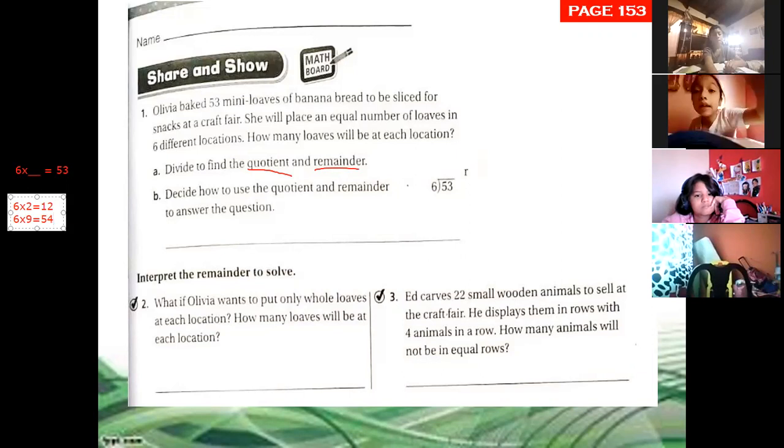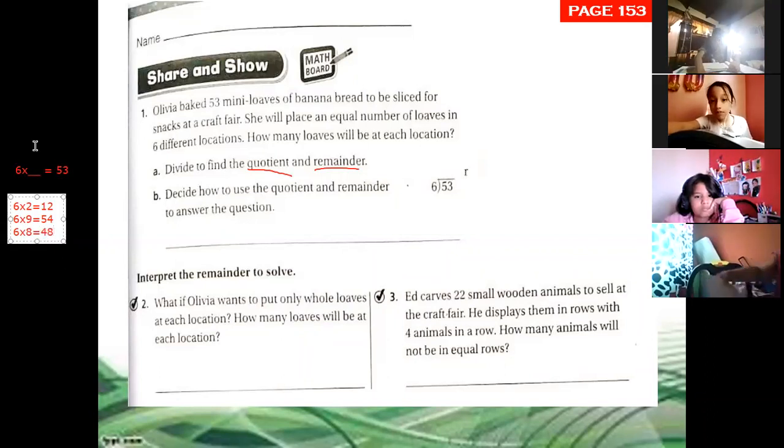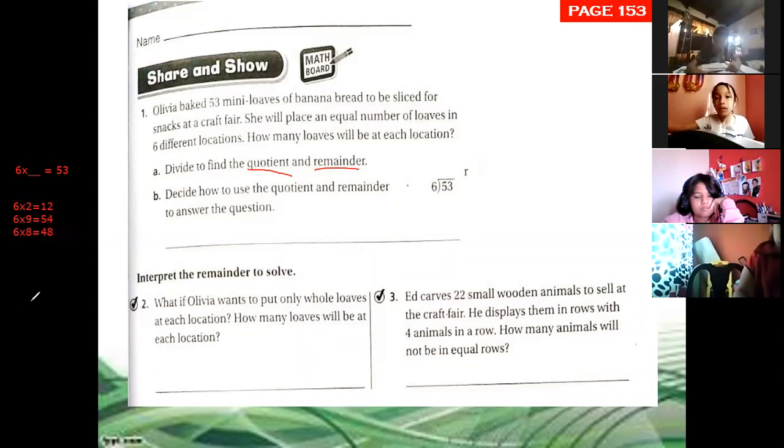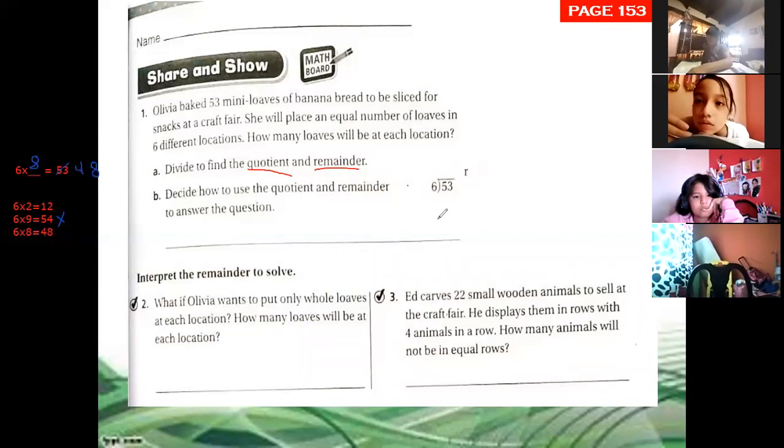6 times 8 equals 48. It is the closest product. 6 times 8 equals not 53, it equals 48, but it is the closest one because 6 times 9 is 54, and 54 is greater than 53, so it's not possible.